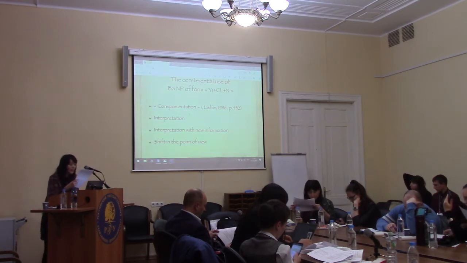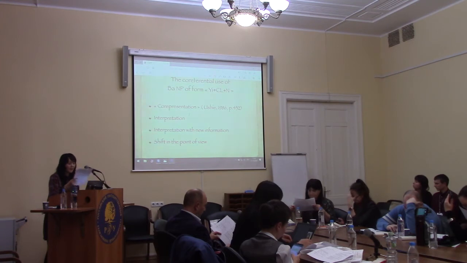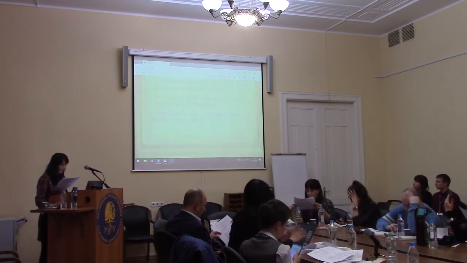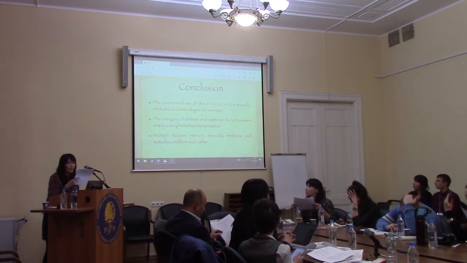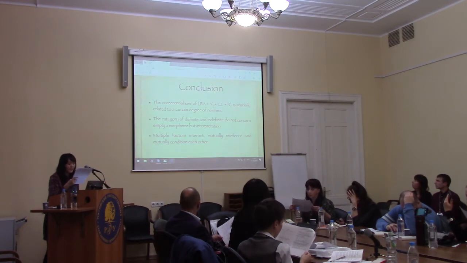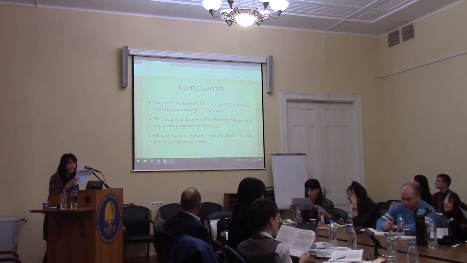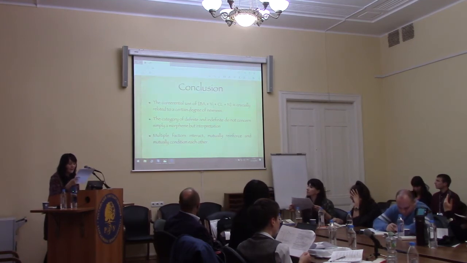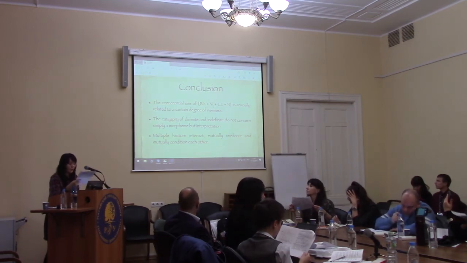So to sum up, we have seen that an indefinite noun phrase of the form E plus classifier plus noun that is co-referential with the preceding expression is crucially related to a certain degree of nuance that results from a particular way in which the text producer organizes and presents the context of the text, more specifically, interpretation or shift in the point of view.